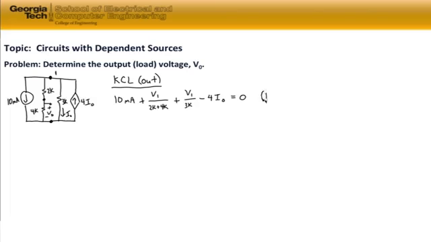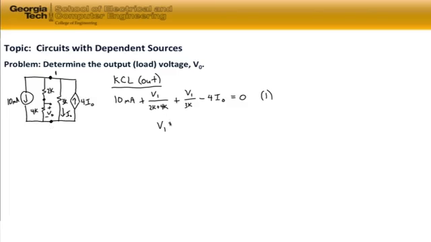That's our first equation. We notice in that equation that we have two unknowns. We have V sub 1 and we have I sub 0. So we need another equation that relates V sub 1 and I sub 0. And that's fairly easy to come up with using Ohm's law. We know that the voltage V sub 1, which is the voltage from the top node to the ground node, is the voltage across the 3 kilo ohm resistor.